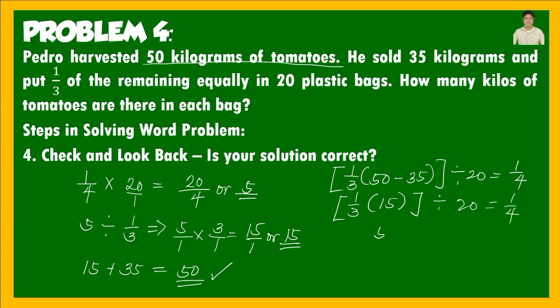Is 5. 1/3 of 15 is 5. Divided by 20, this is 1/4. So, 5/20 equals 1/4. And then, lowest term ng 5/20 is 1/4 equals 1/4. So, ayan. Tama po na nakuha natin is 1/4.